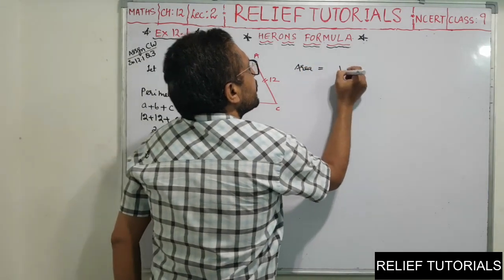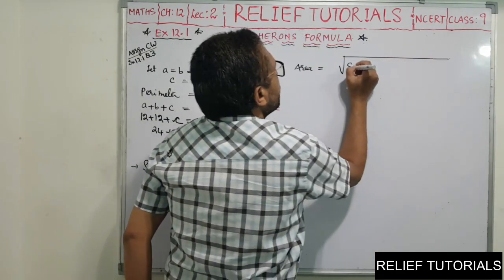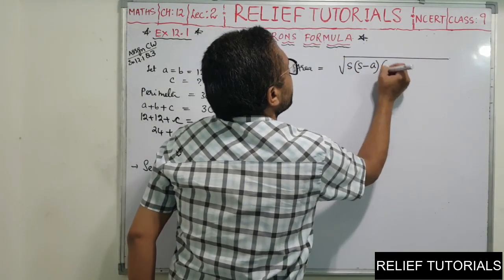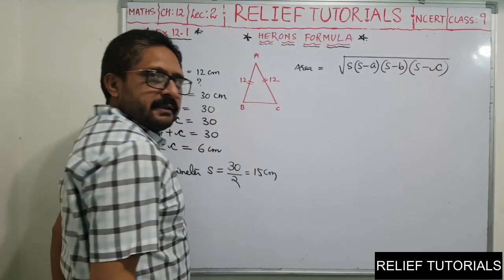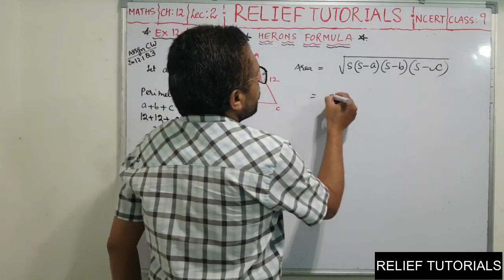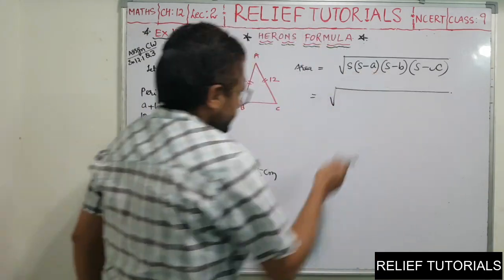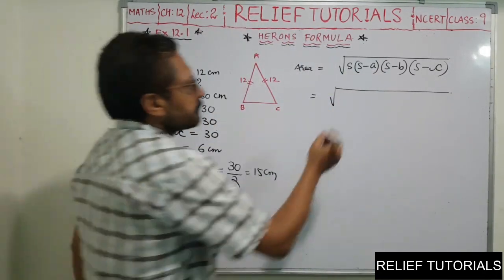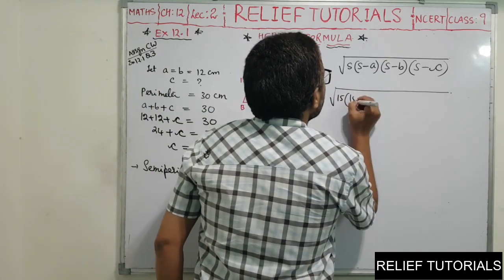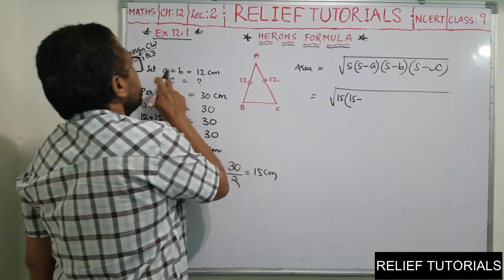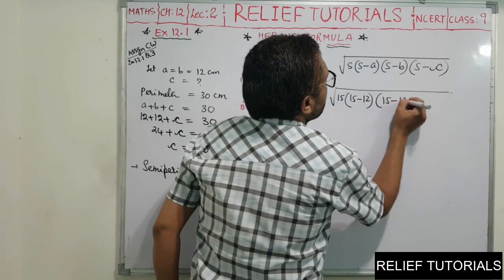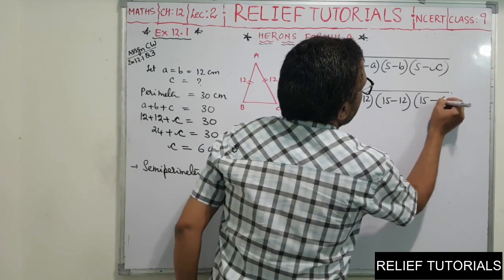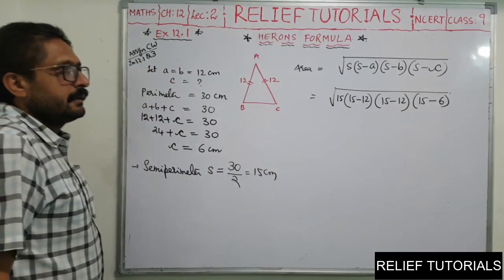Now we will find the area using Heron's formula. Area is equal to root of S into (S minus A) into (S minus B) into (S minus C). So under the root, S is 15. 15 minus 12, 15 minus 12, and for C, 15 minus 6.